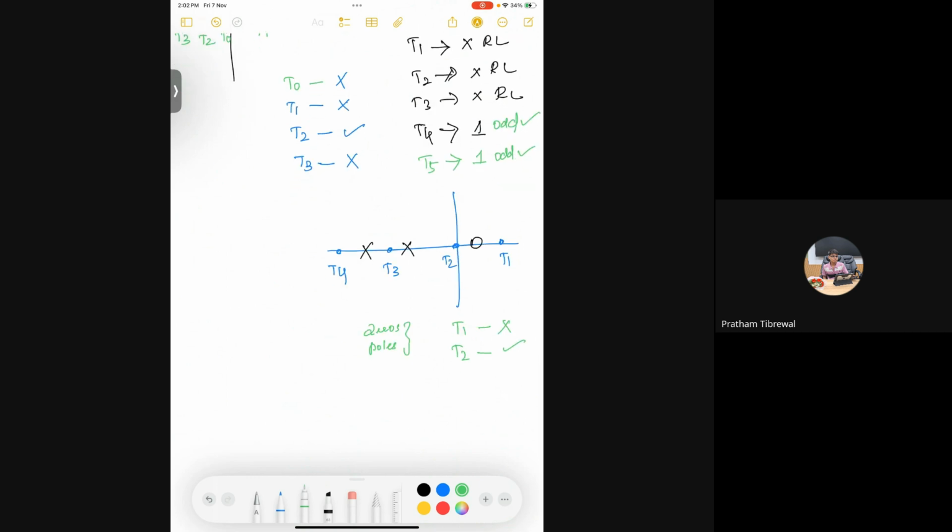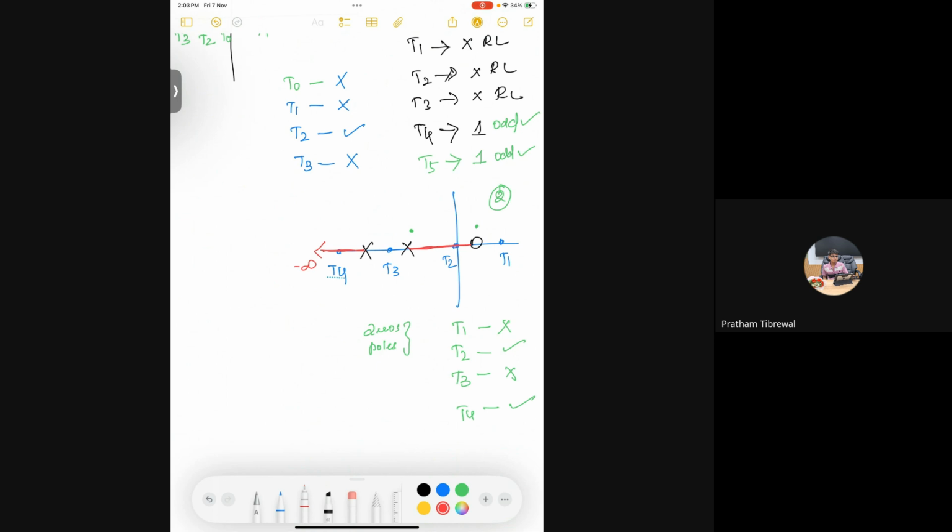T3 will not come, but T4 will come, because T3 has one pole and one zero, added together two, an even number, so it won't come. T4 will come. So your root locus will be this and this entire thing up to minus infinity.